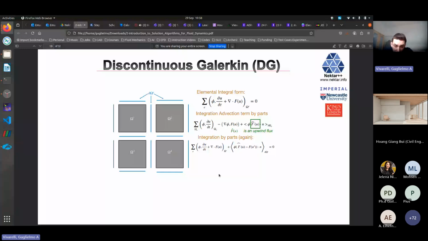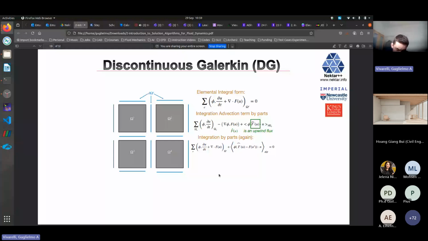Now, by applying integration by parts and then the divergence theorem, we are able to recover the formulation you see in the middle, where you still have the summation over all elements in the domain, but now you've also got a term on the boundaries, indicated by the pointy brackets there, which is integrated over the surface.